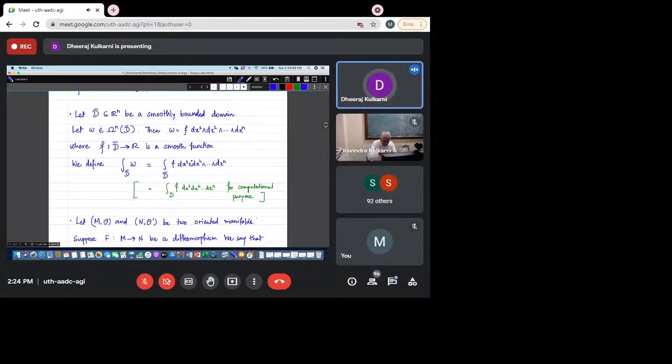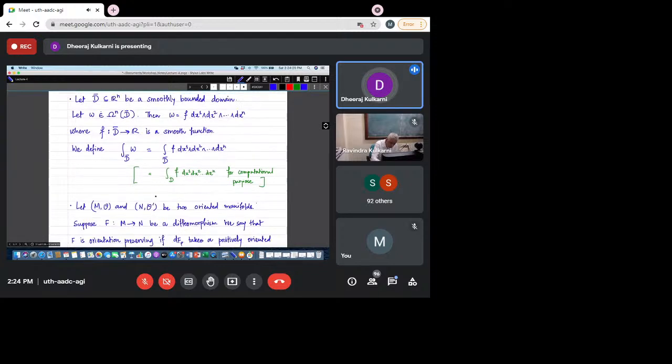You simply forget the wedges and you get your familiar notation dx1 dx2 ... dxn, and we know how to integrate functions in the usual case of Euclidean higher multiple integrals. So we know that the right hand side is a familiar object and it gives out a real number, and that real number you define as the integral of omega over D bar.